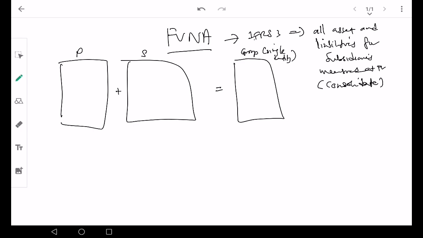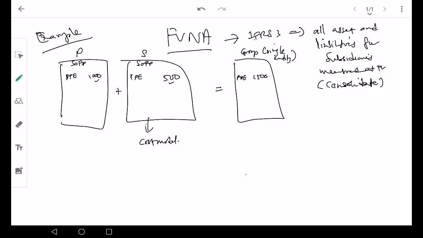Initially, if the subsidiary uses a cost model, for example PPE, I give an example of an individual SOFP: PPE 1,000. This is only an example to make you understand before I proceed with the FVNA, fair value net asset: 500. Yes, 1,000 plus 500 in the group statement will be 1,500.